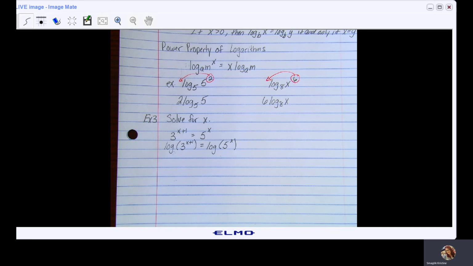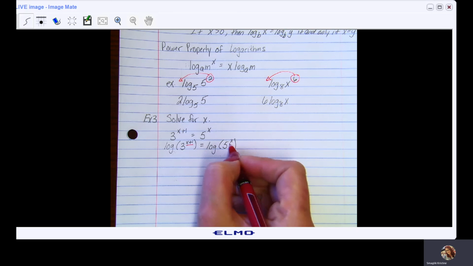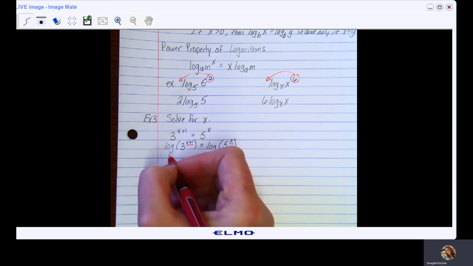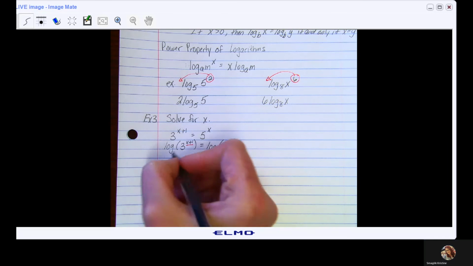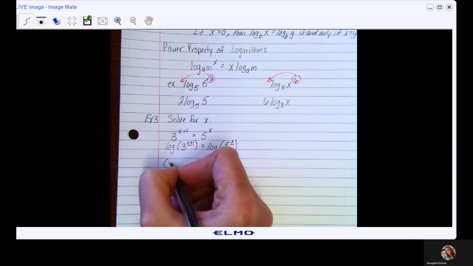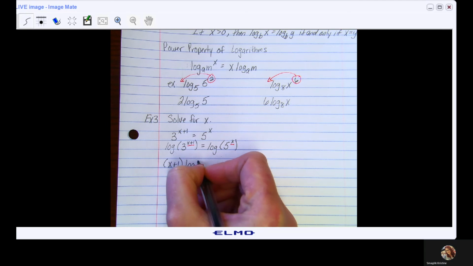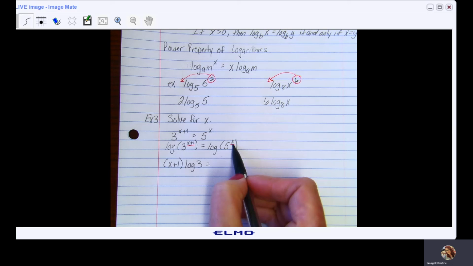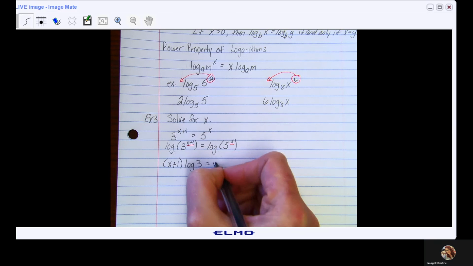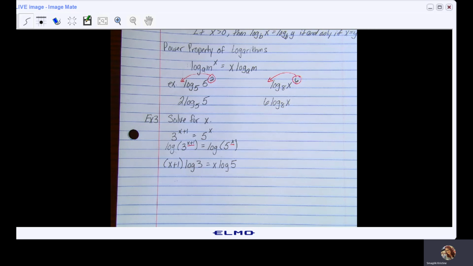Now let's apply the power property of logarithms. So these exponents that you see here, we're just going to bring them out front. So then this is going to be x plus 1 times log 3 equals, I'm going to grab this x, move it out front, x log of 5.